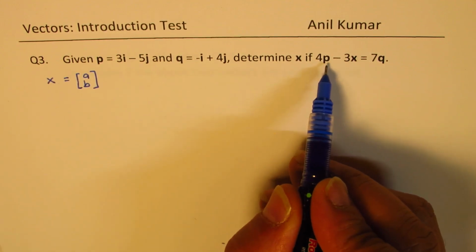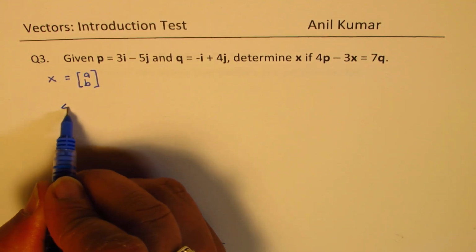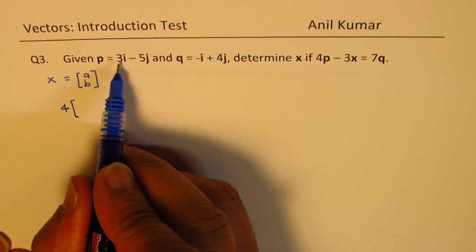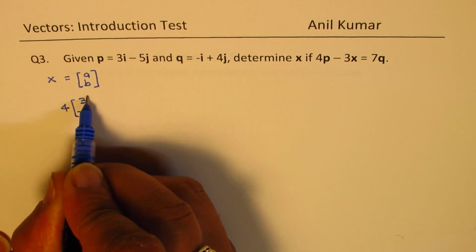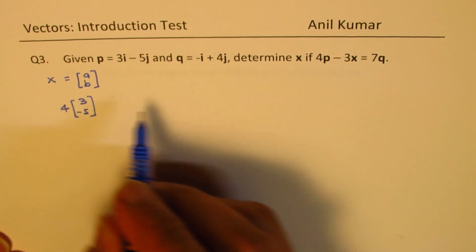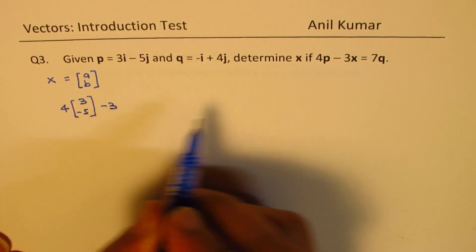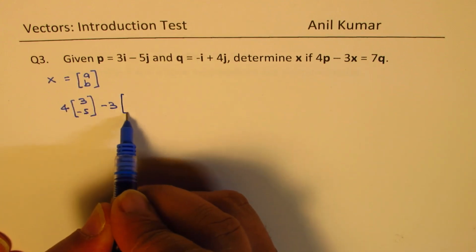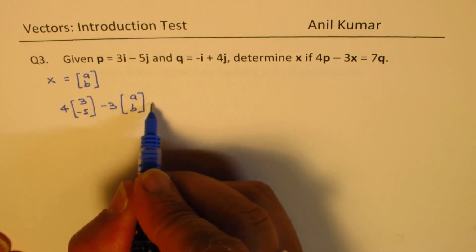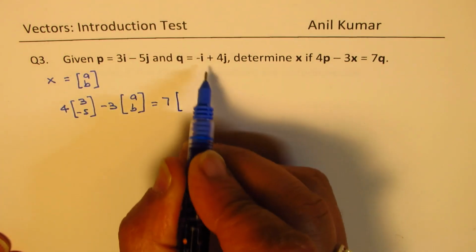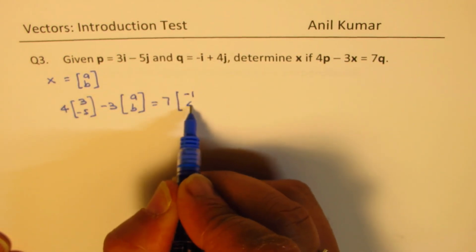We get 4p, so 4 times p is 3i minus 5j. I can write (3, minus 5) minus 3 times x, which is (a, b), equals 7 times q, which is (minus 1, 4). Clear?